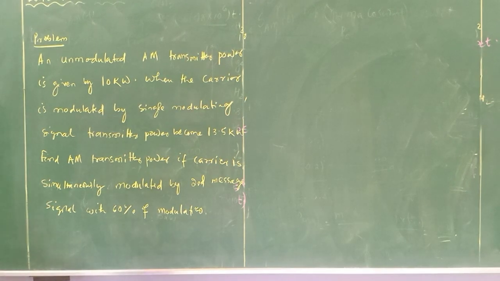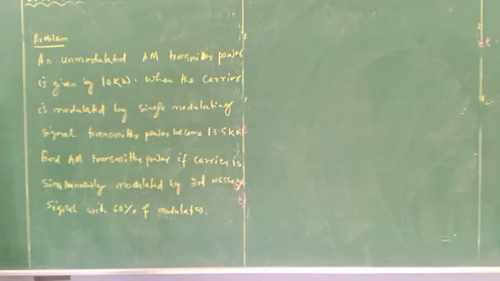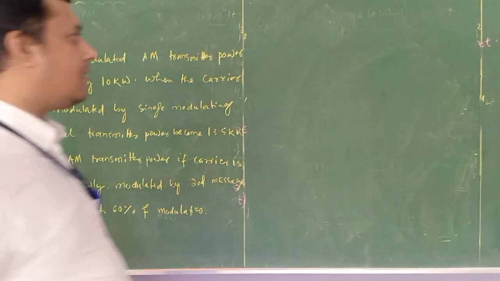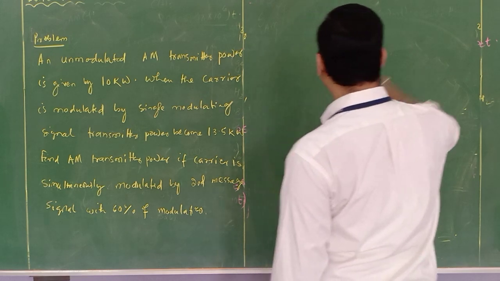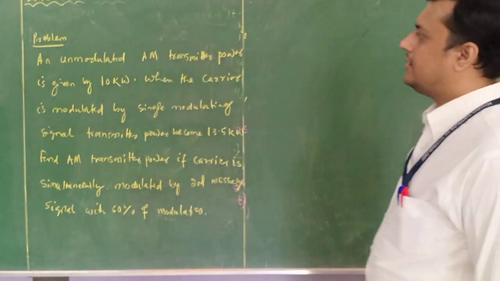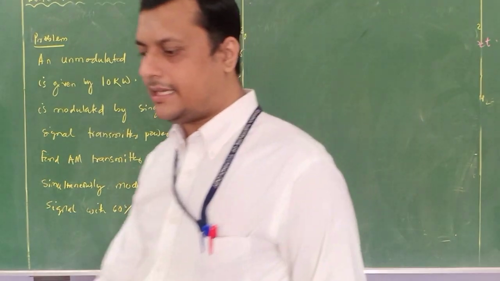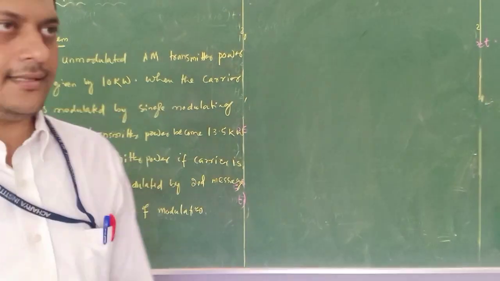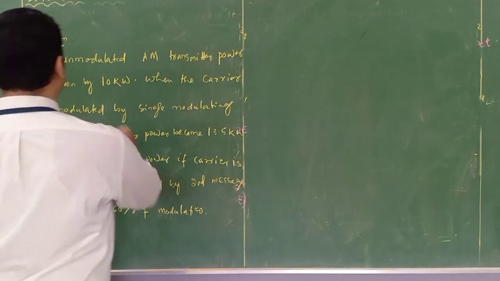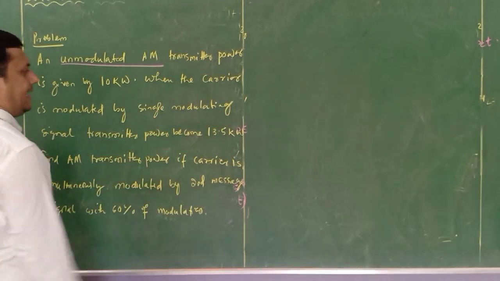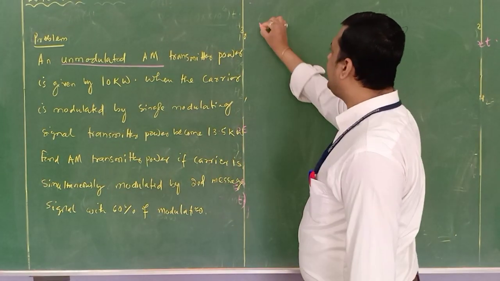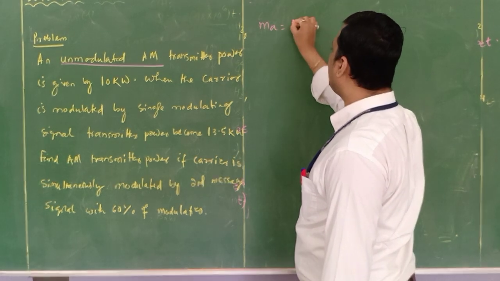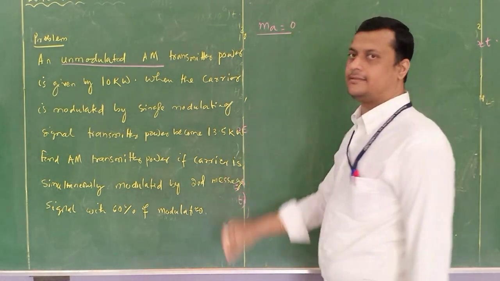We have to calculate the transmitted power PT. So how to calculate this? Step by step we will see. As per the given question, first, an unmodulated signal is transmitted. This word itself indicates that unmodulated transmission means initially the modulation index is 0.